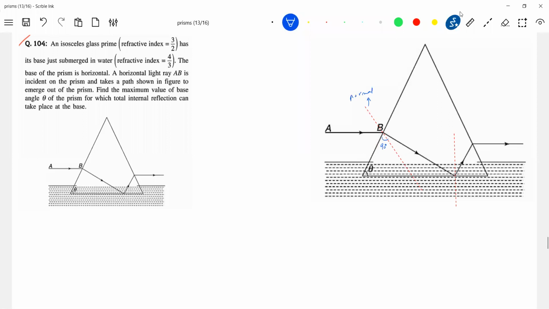Now get into the question: find the maximum value of base angle theta of the prism for which total internal reflection can take place at the base. This is the angle of incidence, let it be I. And this will be theta, no? So I plus theta equal to 90. Therefore I is equal to pi by 2 minus theta.